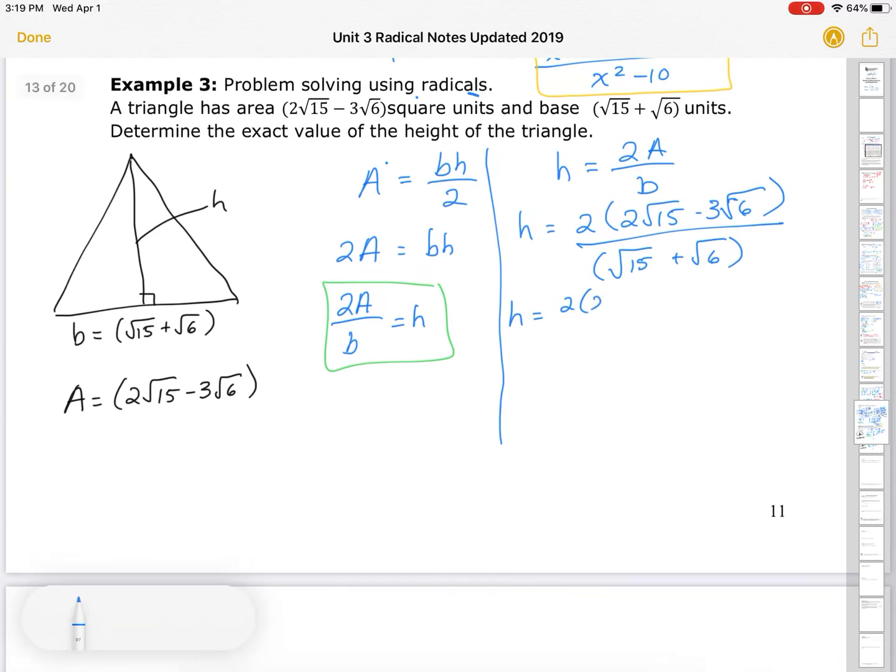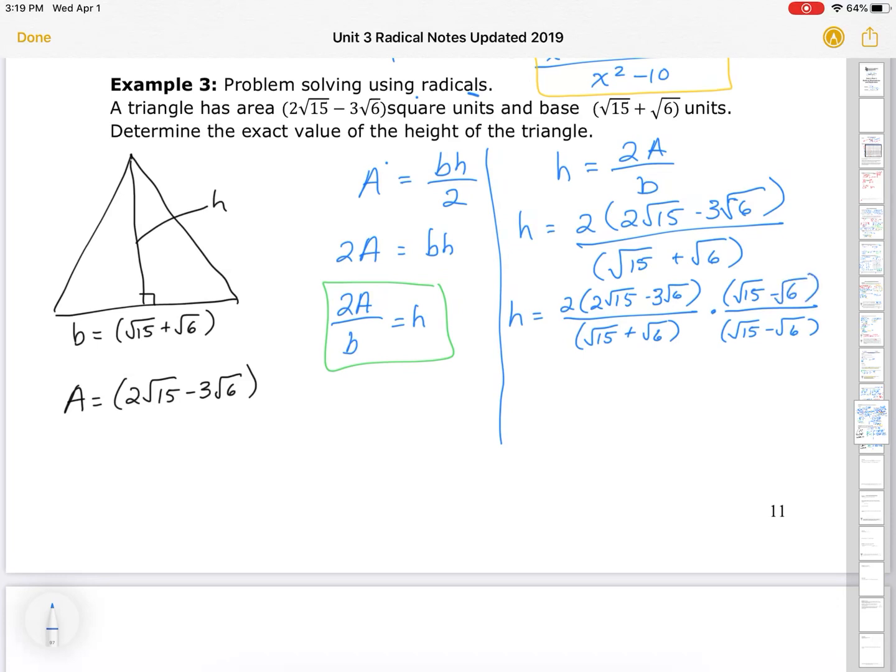So 2 root 15 minus 3 root 6 all over root 15 plus root 6. So the conjugate of the bottom is root 15 minus root 6. So multiplying the top and the bottom by that value.